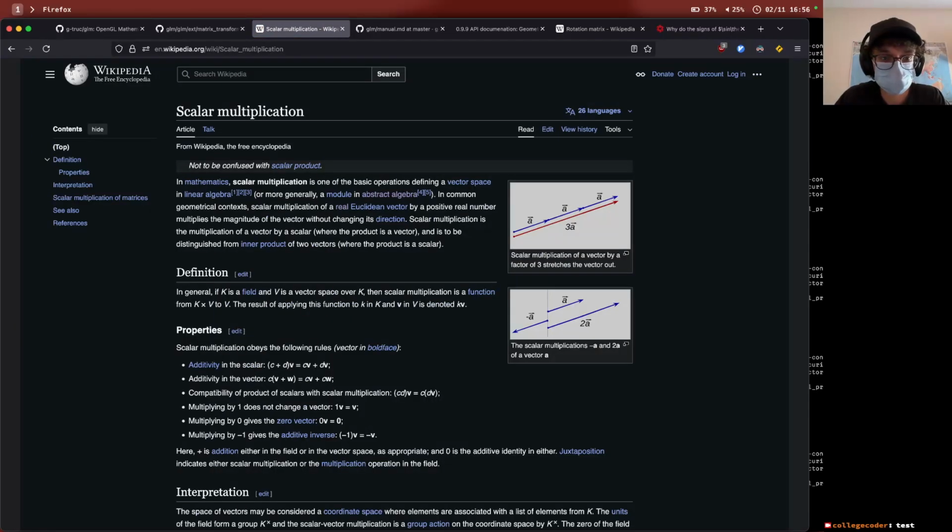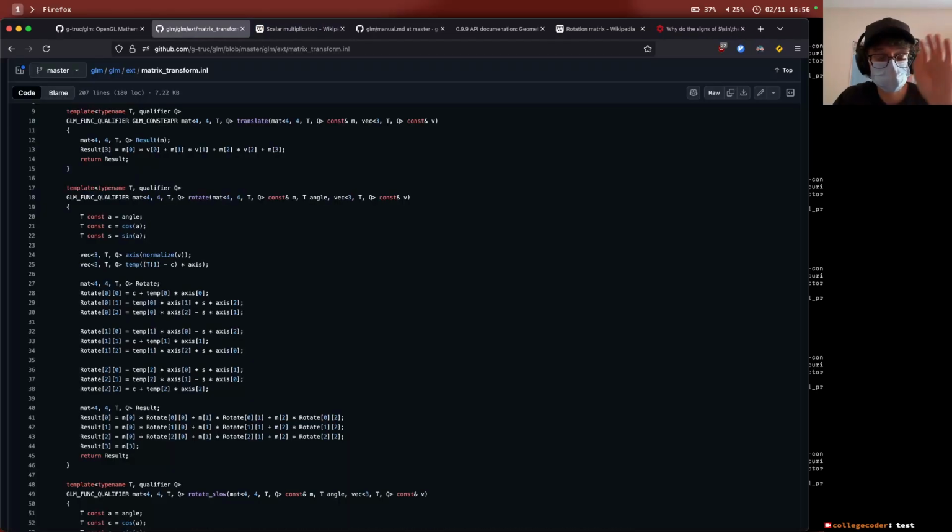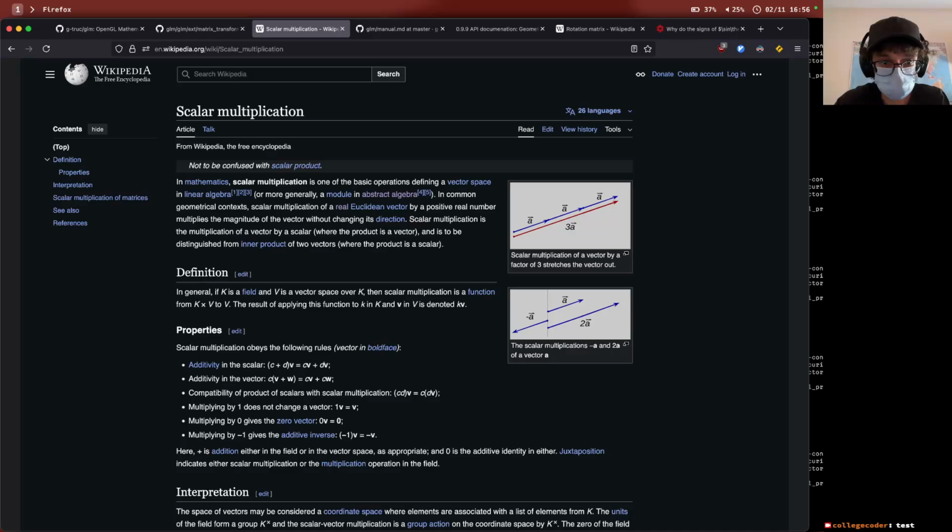No, it does scalar multiplication. Not dot product. Scalar multiplication. Oh my god. Yeah, scalar multiplication. That yields another vector, basically.